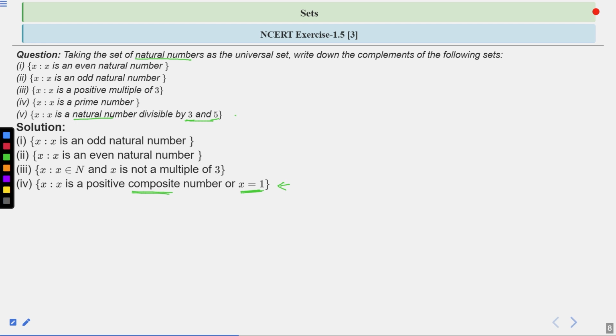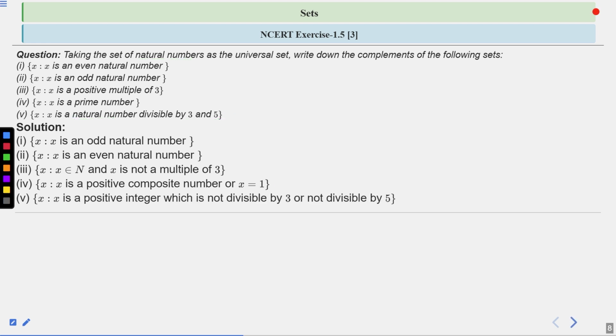If you try to observe what is happening, we are collecting numbers which are multiples of 15. So in the complement, you simply do not collect those. So the complement will be what?